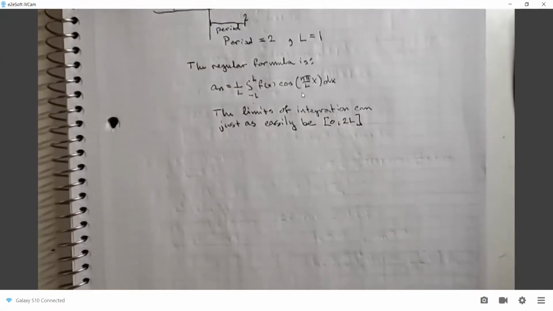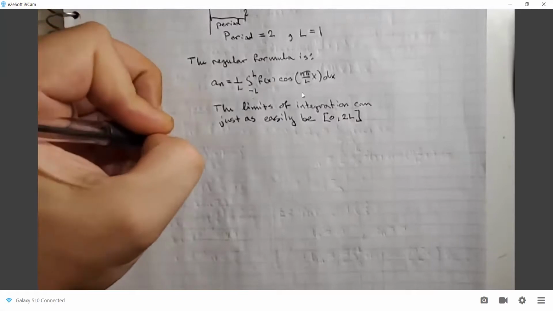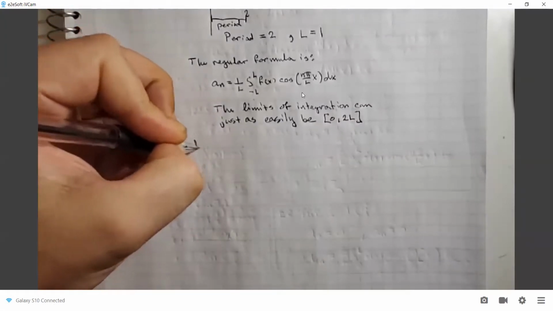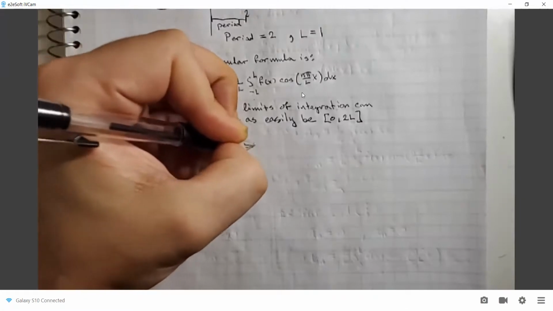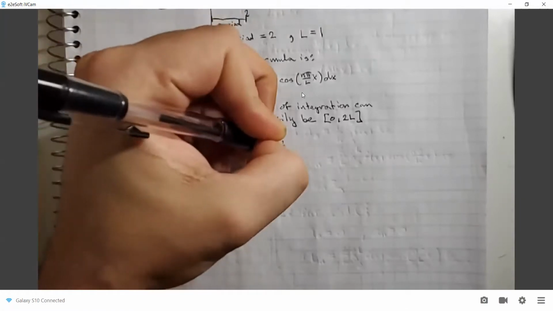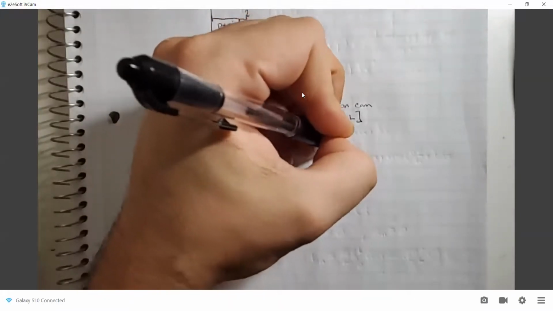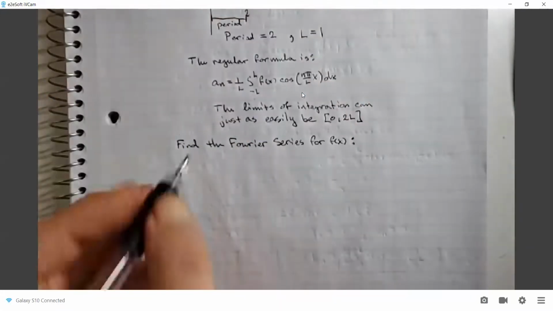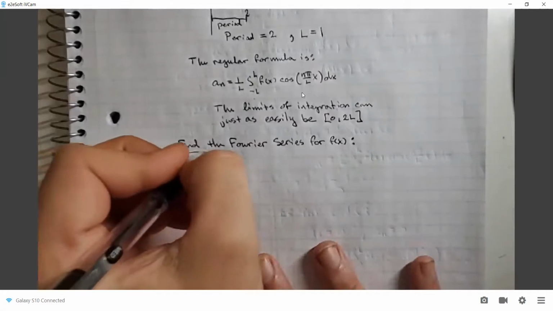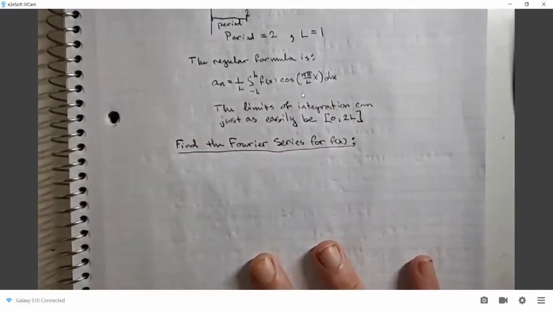Other than that, that's the only thing we have to do. So basically, if we want to find the Fourier series for f of x, what we've got to do is just plug into our formulas, right?